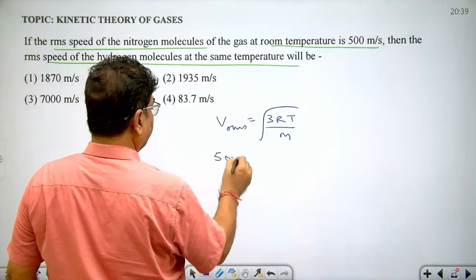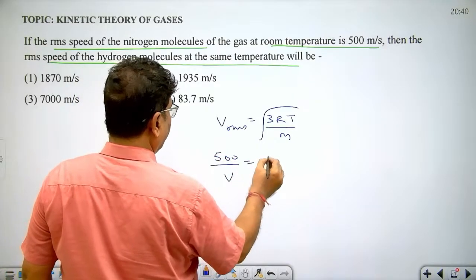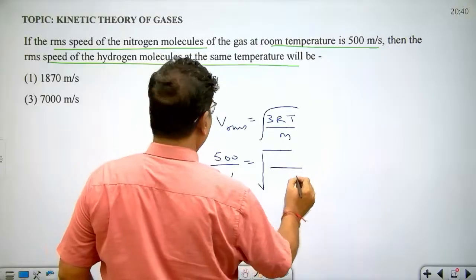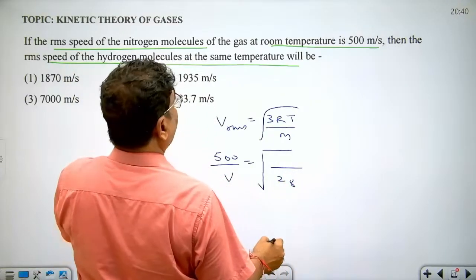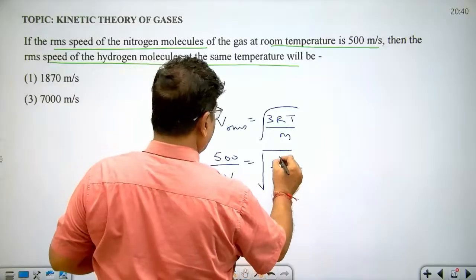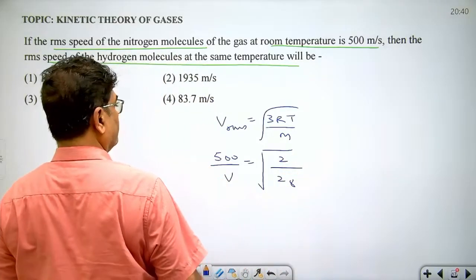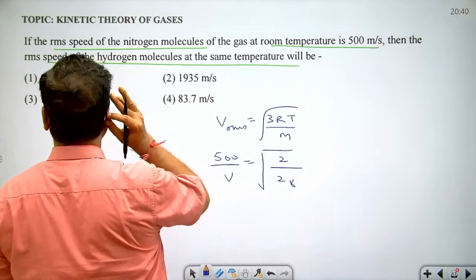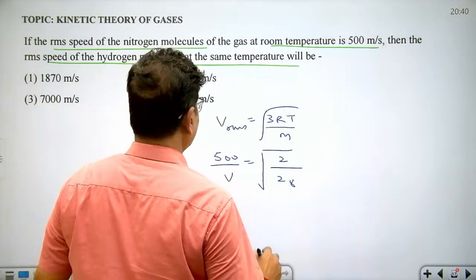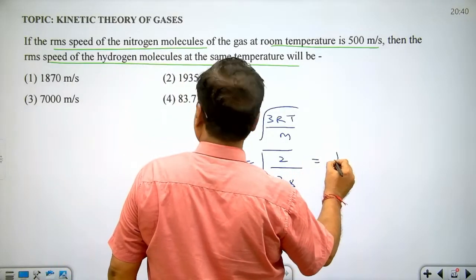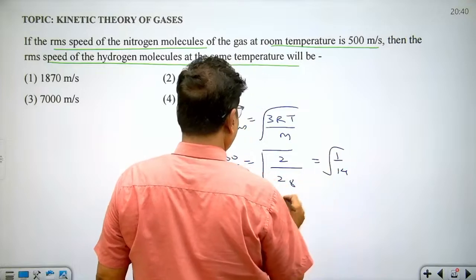So 500 upon V equal to what? Molar mass of nitrogen is 28, and of hydrogen is 2. So this will be 1 upon under root 14.